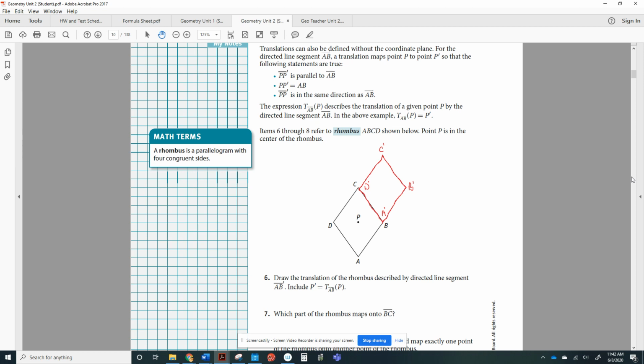It says it's parallel to AB. Well, that makes sense because I moved it along AB, so my direction was along AB. So it makes sense that it's parallel.